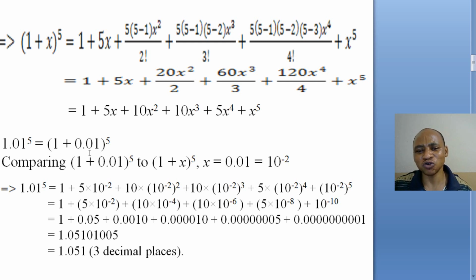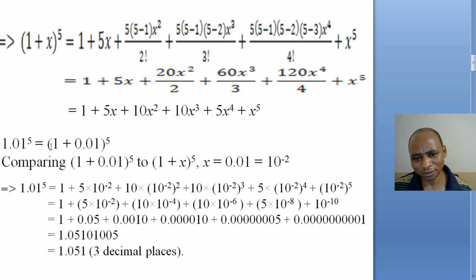The first thing we need to do here is express 1.01 raised to the power 5 in the form (1 + x) raised to the power 5.